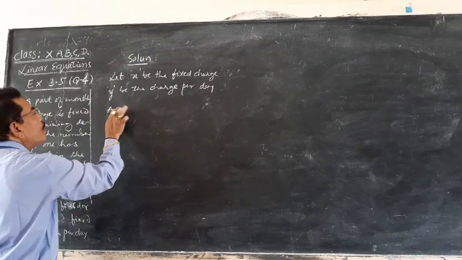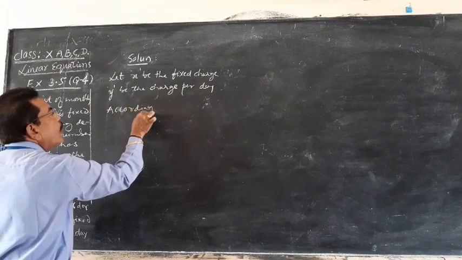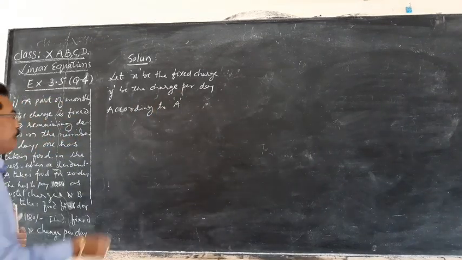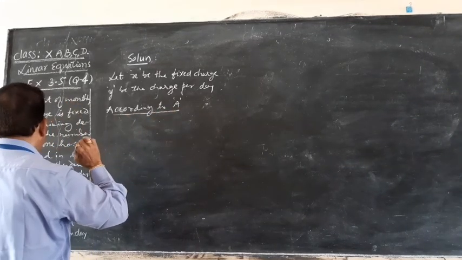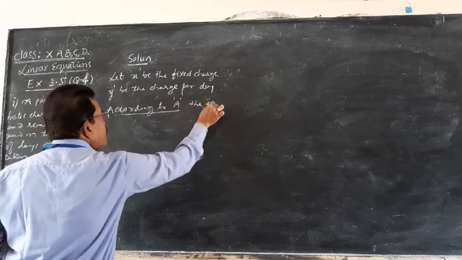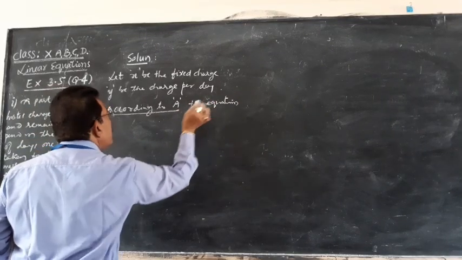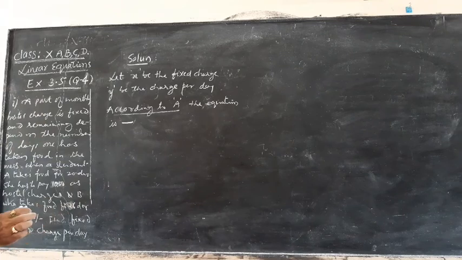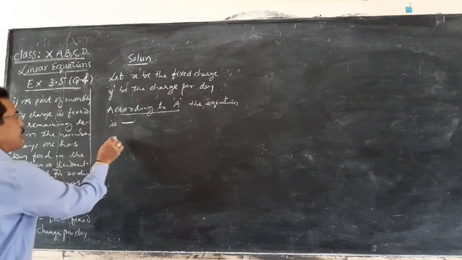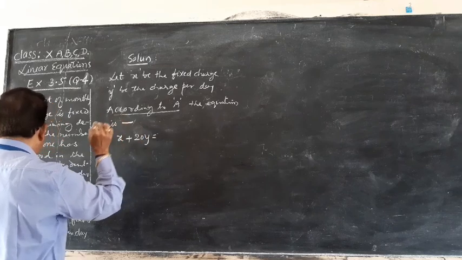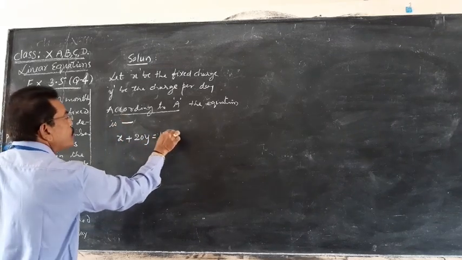According to A, the equation is: say the mess, when a student A takes food for 20 days, fixed charge is X, then 20 into Y, equals he has to pay 1000 rupees.